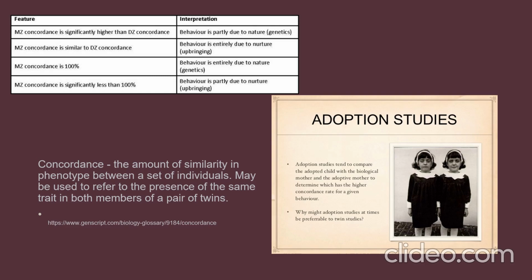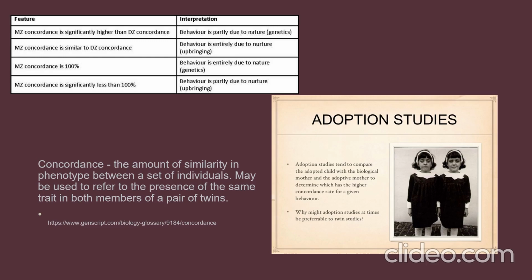If the MZ concordance is 100% for monozygotic, behavior is entirely due to nature or genetics. And if the MZ concordance is significantly less than 100%, behavior is partly due to nurture or upbringing. Kasi you cannot claim na it's 100% due to genetics. Dapat 100% siya if it's due to genetics na.